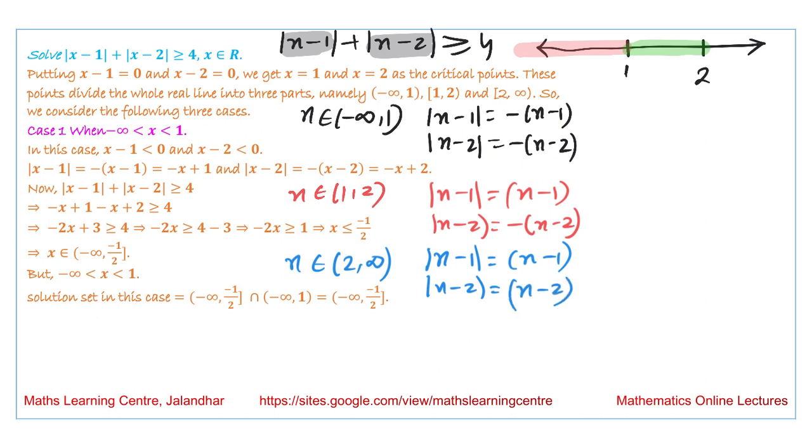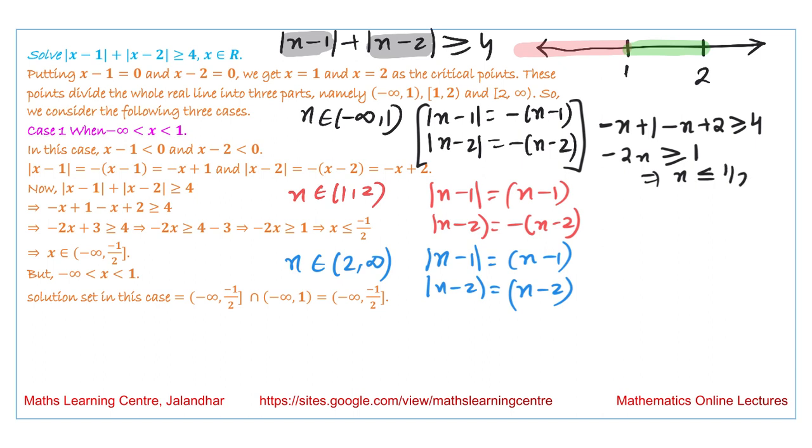So in this first region, our function will become minus of x minus 1 minus of x minus 2 is greater than or equal to 4. So we get minus 2x is greater than or equal to 1. This implies that x is less than or equal to minus 1 by 2.